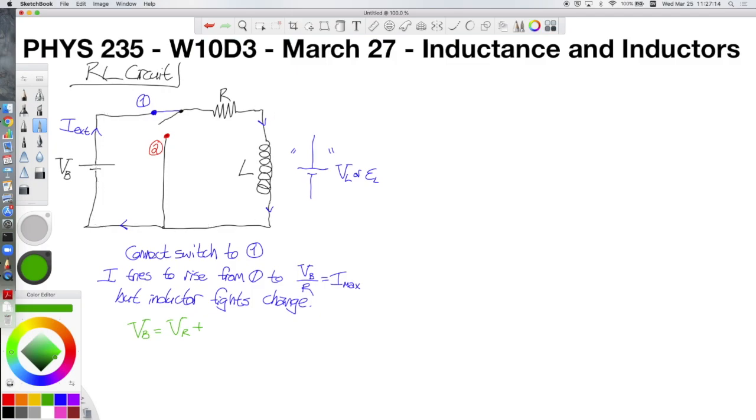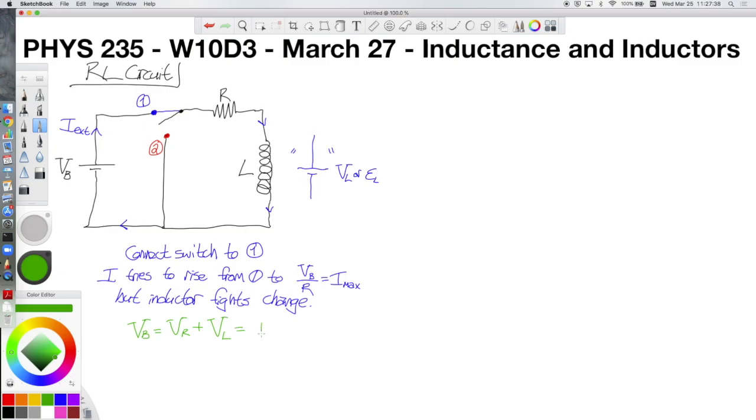We add the battery voltage because the loop goes forward through the battery. We subtract the resistor voltage because we're following the current through the resistor. And then think of this inductor like a battery. We're going through this battery backwards, so we would subtract the inductor voltage. Set it all equal to 0, or rearranging, we get this.